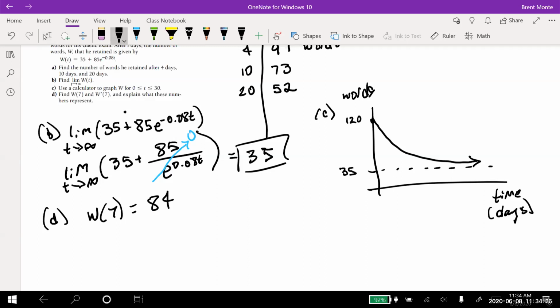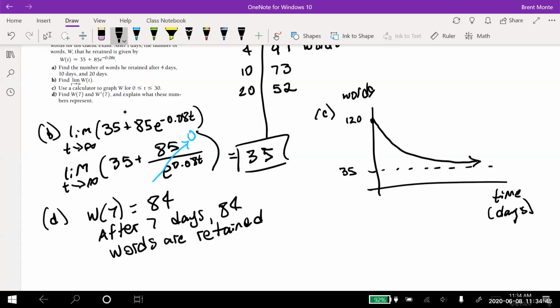And again, what that means, after 7 days, 84 words are still retained. And notice that's not great. He started with 120. A week later, he's only got 84 that he's retained.